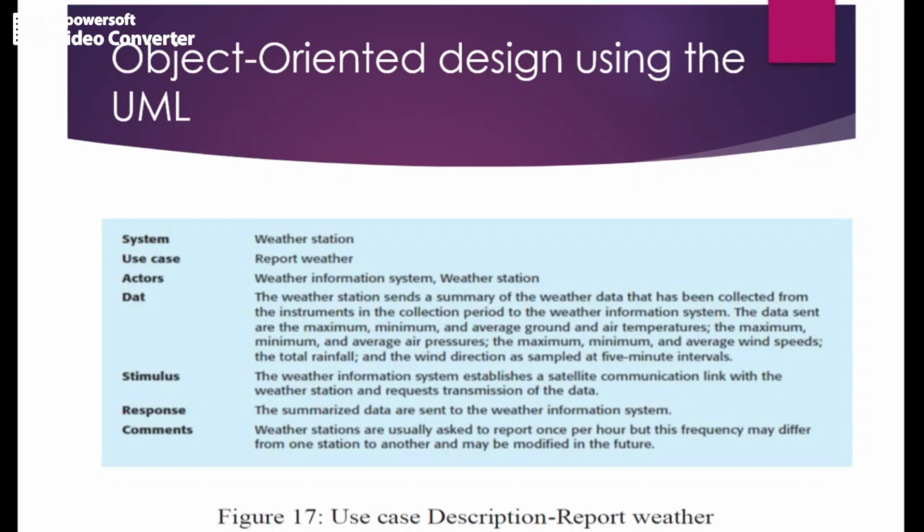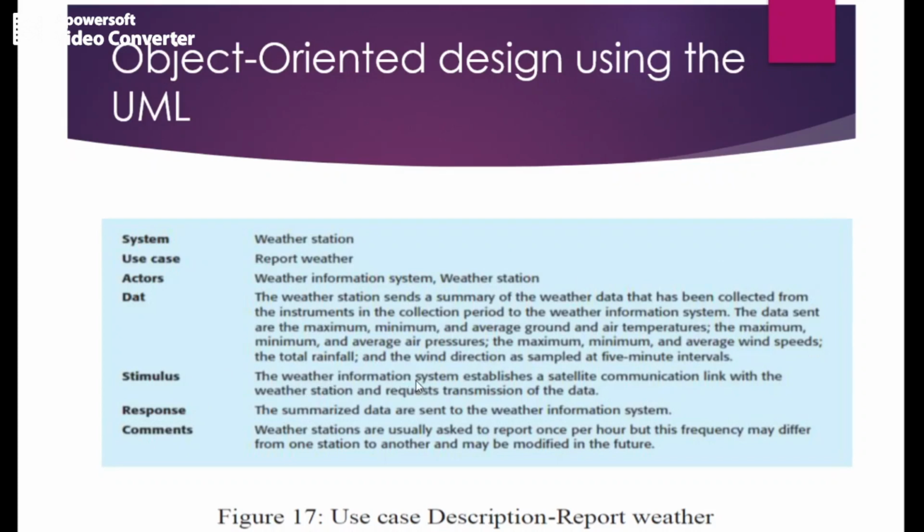So average ground temperature, you can calculate air temperature, the maximum, minimum and average air pressures, the maximum, minimum and average wind speeds, the total rainfall as I've told, and the wind direction as sampled at 5-minute intervals. Time period is 5 minutes. Clear?